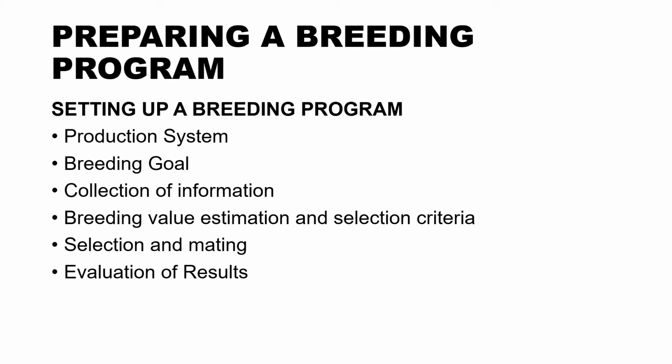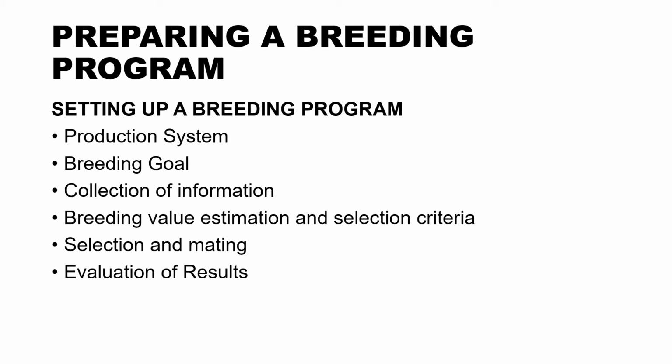So, dapat sa collection of information ka, may mga information ka doon sa mga traits ng mga sows natin, mga boars natin, mga swines natin, that can help to establish the value of the animal with respect to the breeding goal. So, tignan mo kung ano yung mga characteristics na talagang may value sa'yo.